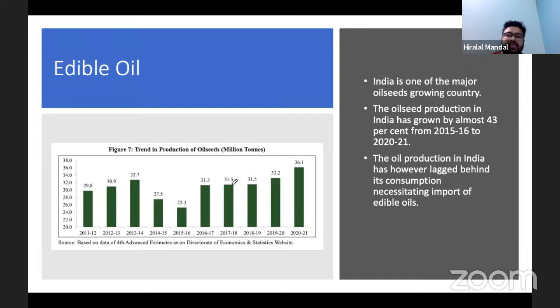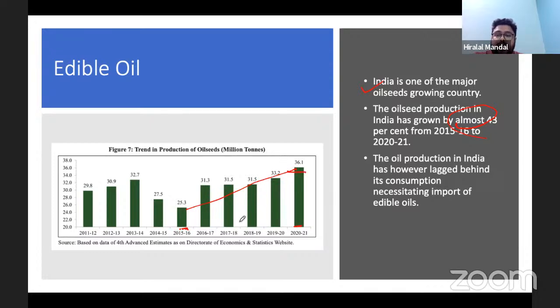So if you look at it, India is among the major oilseed producing countries, and in fact, oilseed production in India has grown by almost 43% from 2015-16 to 2021. So compared with 2015-16, there is a significant growth.